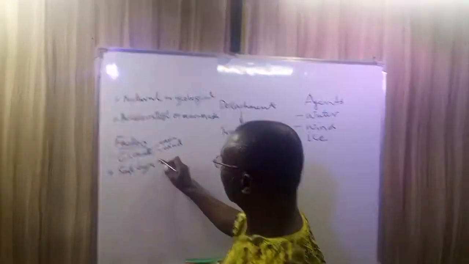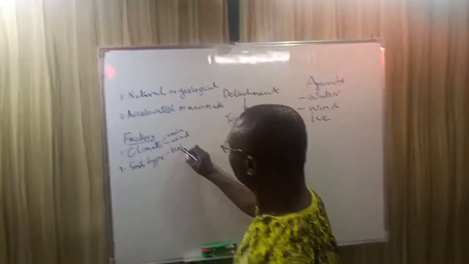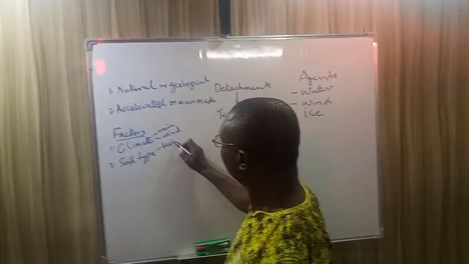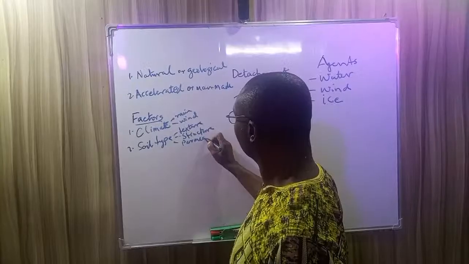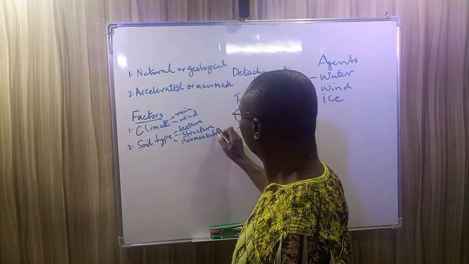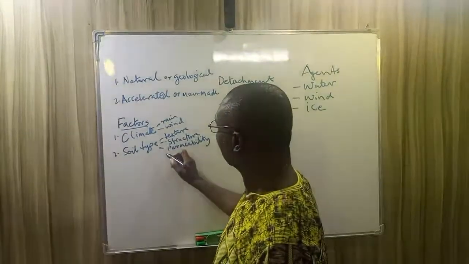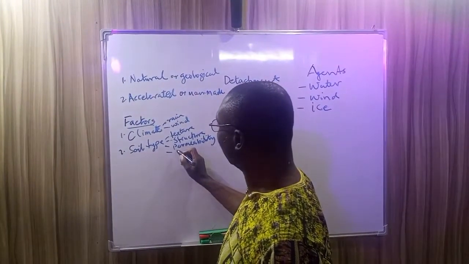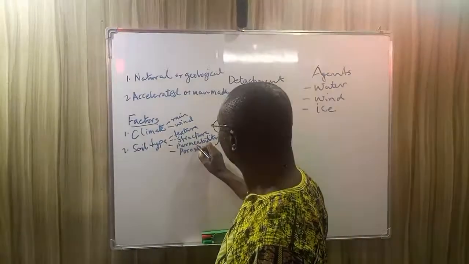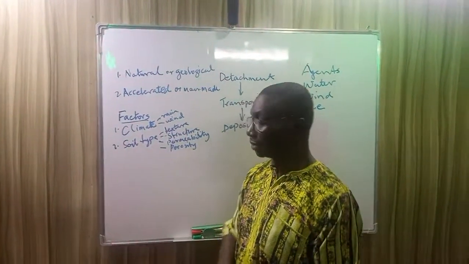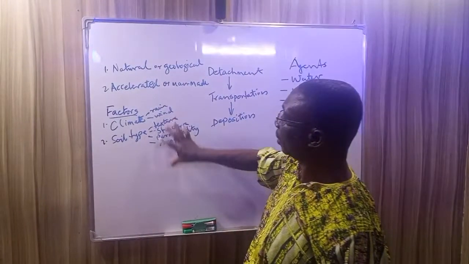Then the soil type, where you have the texture, you have the structure, you have the soil permeability, or the porosity of the soil, and so on. There are some others under this soil type.